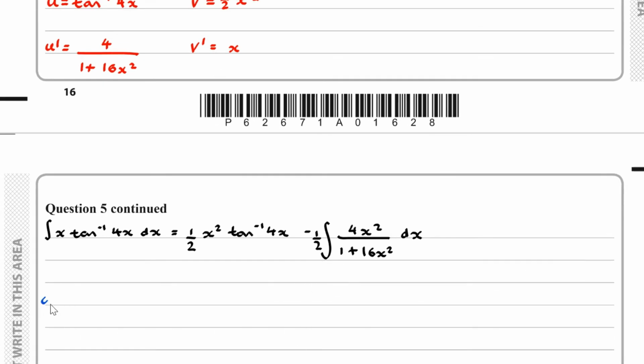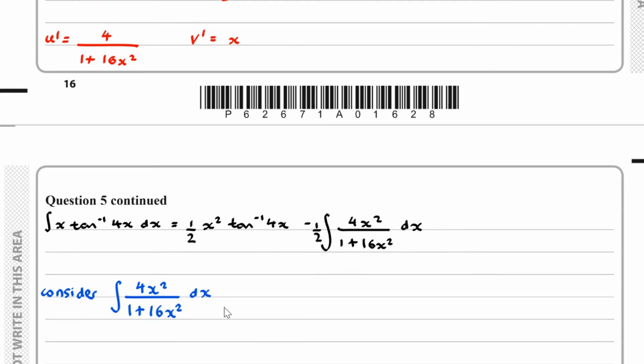Let us consider the integral of 4x squared over 1 plus 16 x squared dx.